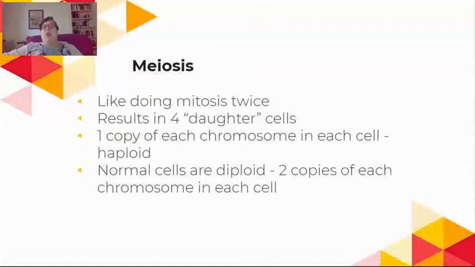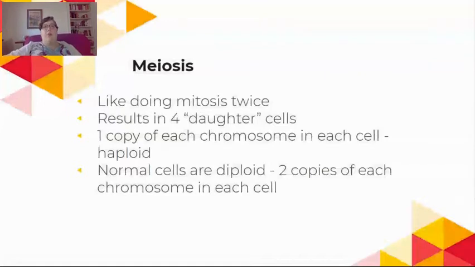You're going to notice that as we go through the steps of it, it's like doing mitosis twice. So the end result, you start with one parent cell and end up with 4 daughter cells, twice as many as mitosis. And those 4 daughter cells are different from the parents.